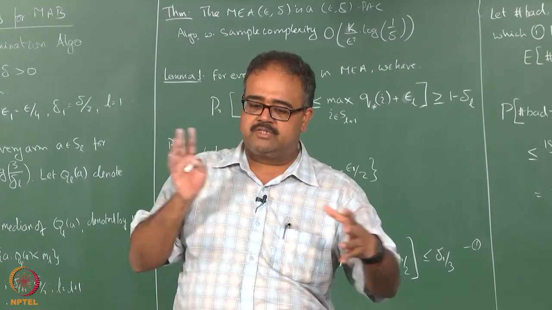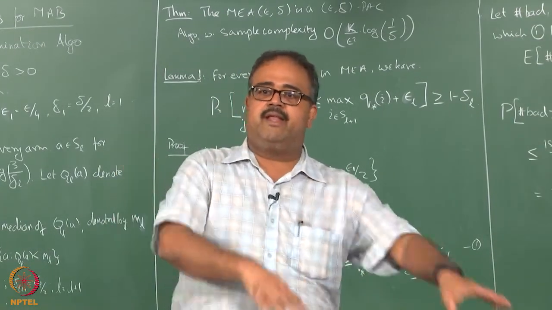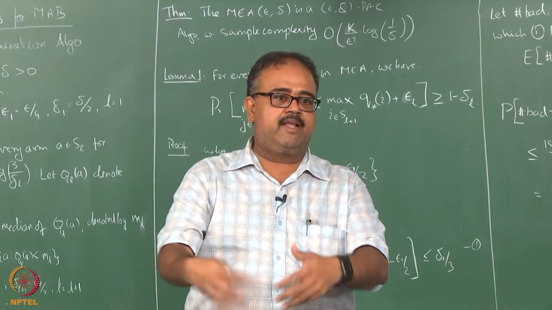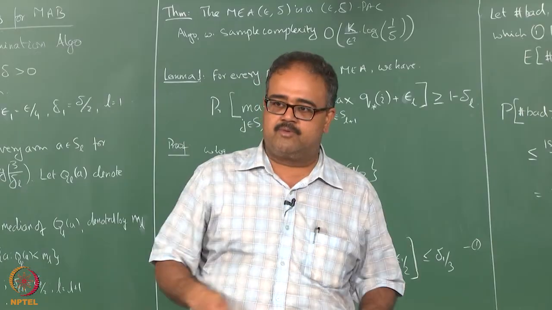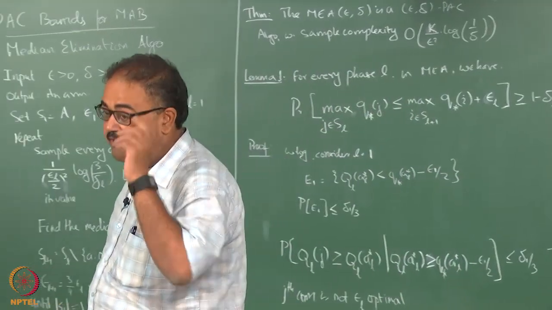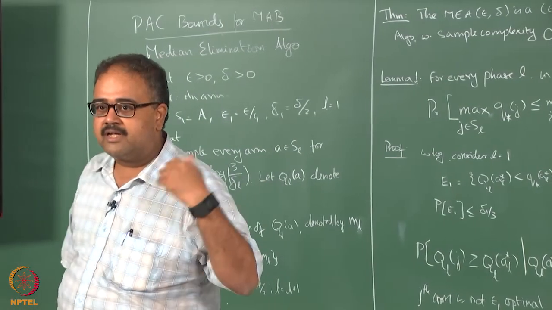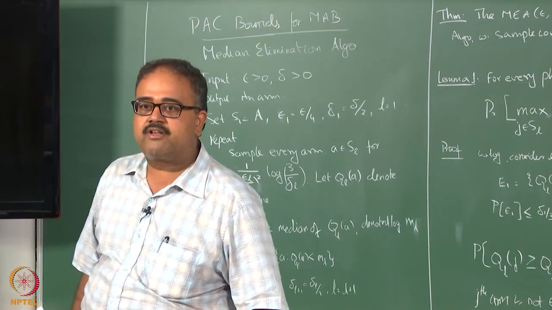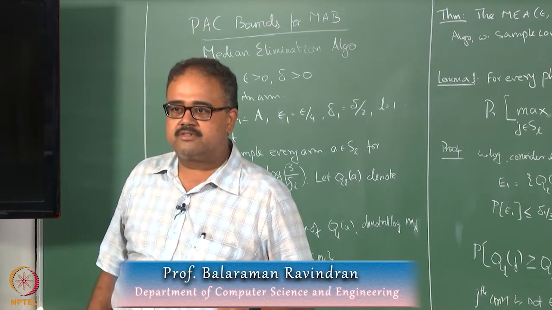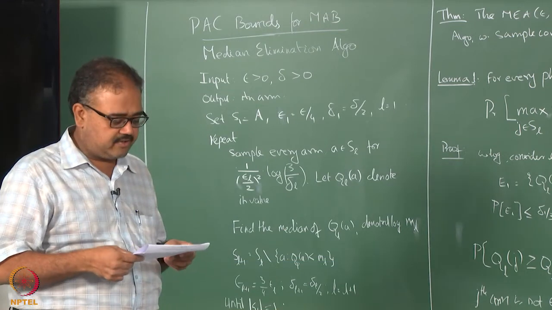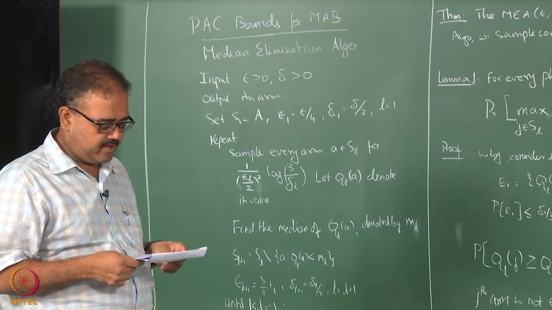So you do a certain number of pulls and then you eliminate a certain number of arms, right, and then go back and pull the remaining arms some more and then eliminate some more arms. So this kind of round based elimination method has become very popular in the bandit literature, and the median elimination is one of the earliest such round based elimination approaches, and after this a lot of papers started being written using this kind of round based idea, right.